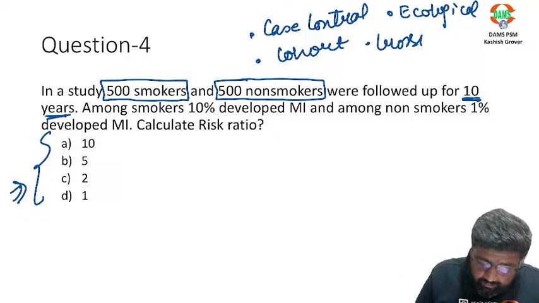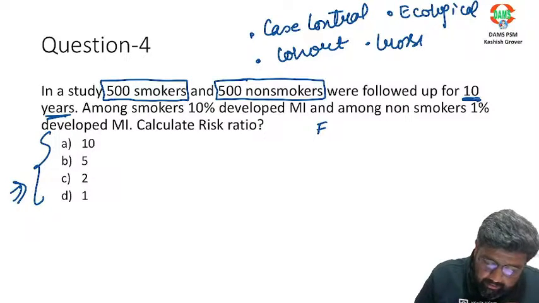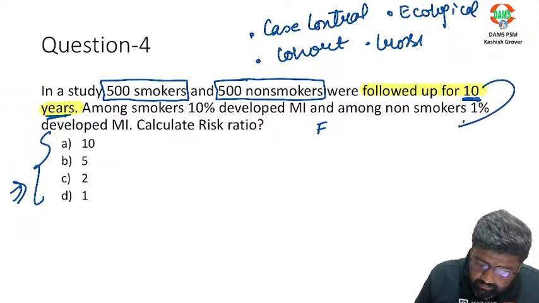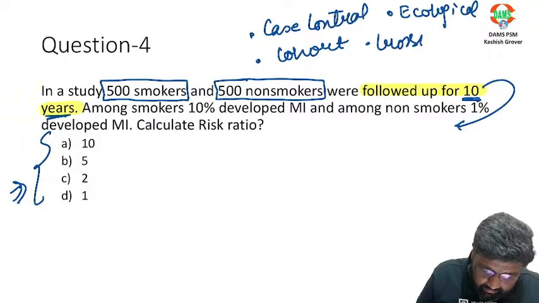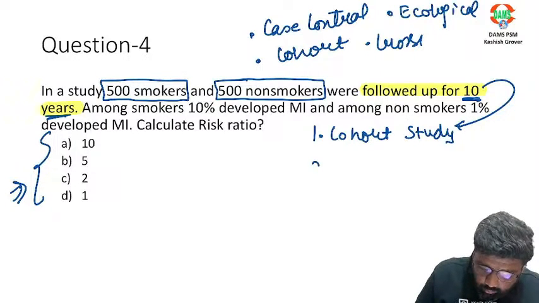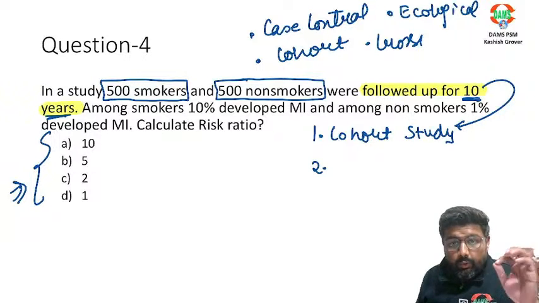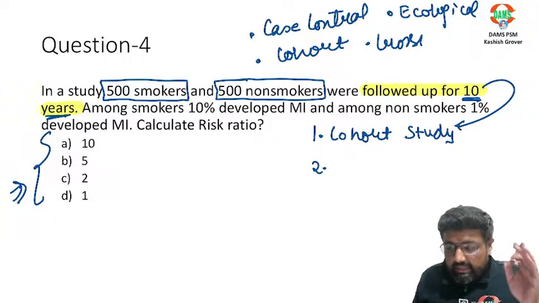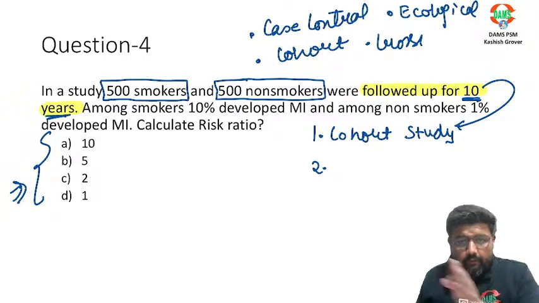So because we are doing a follow-up, yes, we are doing a follow-up for 10 years. So this is point number 1 regarding this. This is a cohort study. So cohort study is a forward study, right?